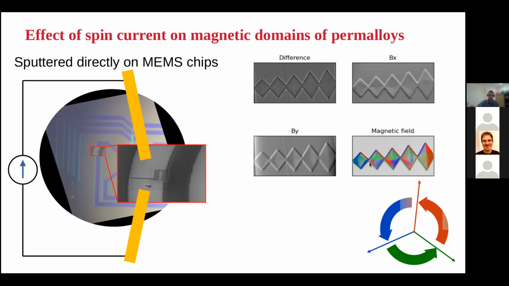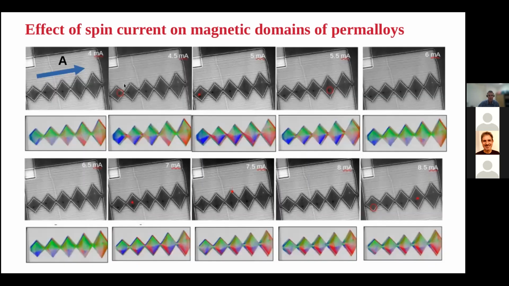And then we want to be able to manipulate this magnetic configuration. So within the permalloy, we pass some electrical current. You can see that for low current, for nanoamps, we have a given magnetic configuration. And by increasing the current density, the magnetic configuration can be tuned.